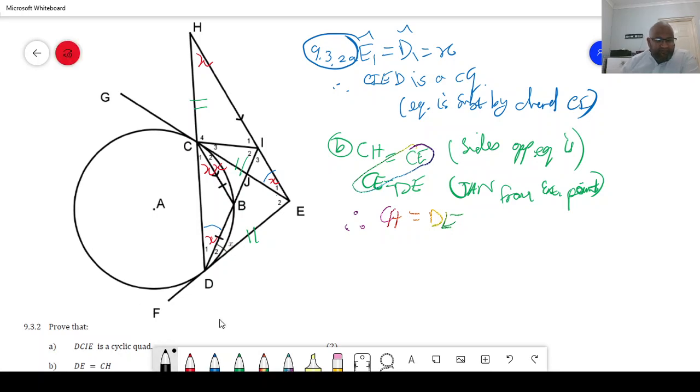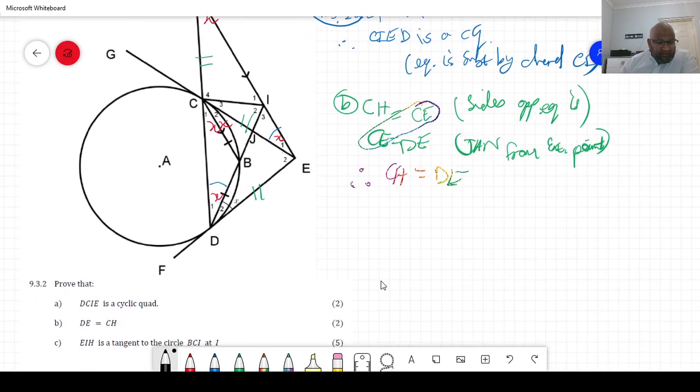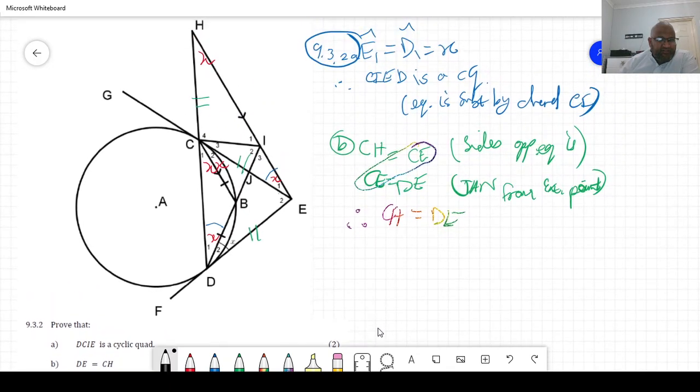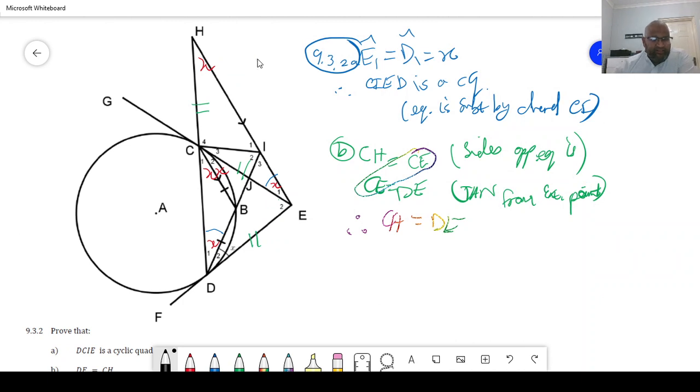Then in C, the question says you must prove that EIH is a tangent, CIH, this length here.